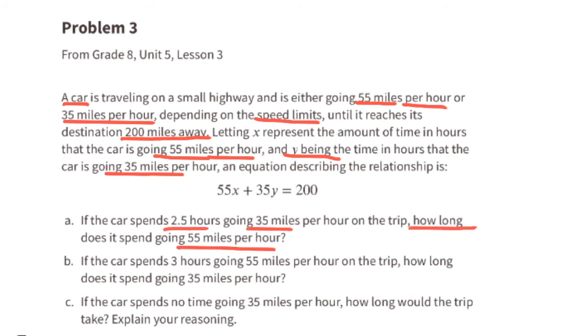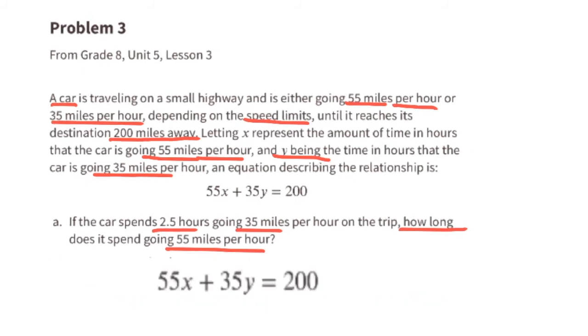A. If the car spends 2.5 hours going 35 miles per hour on the trip, how long does it spend going 55 miles per hour? We can substitute the y with 2.5, since y represents the amount of time that the car was traveling 35 miles per hour.